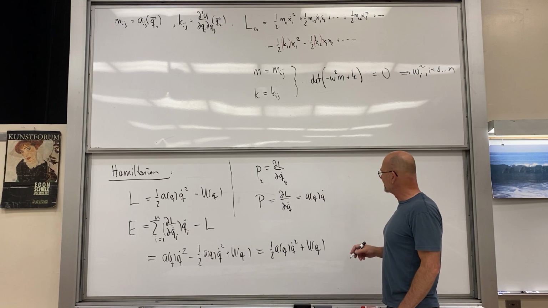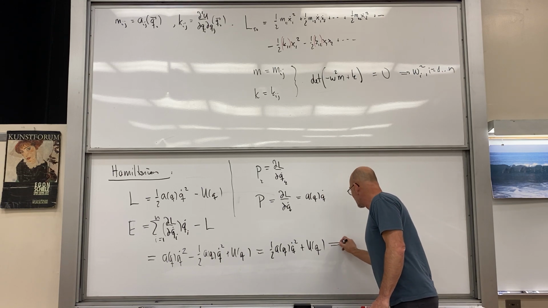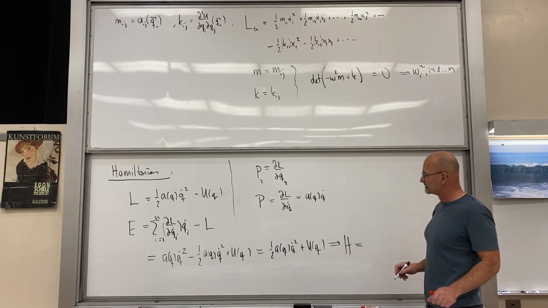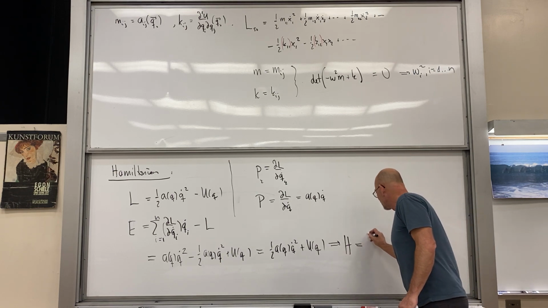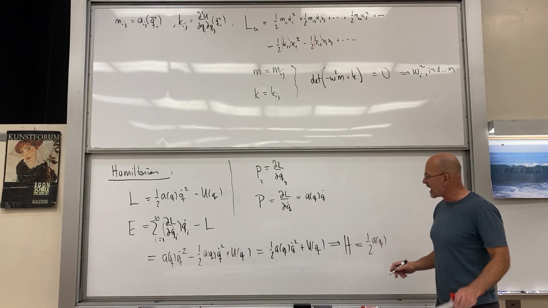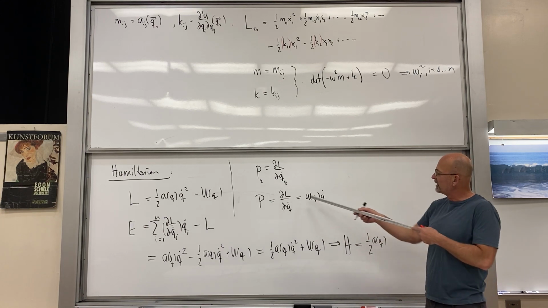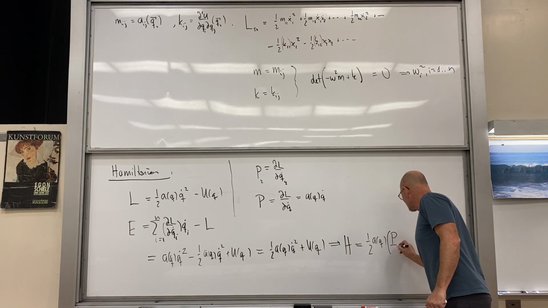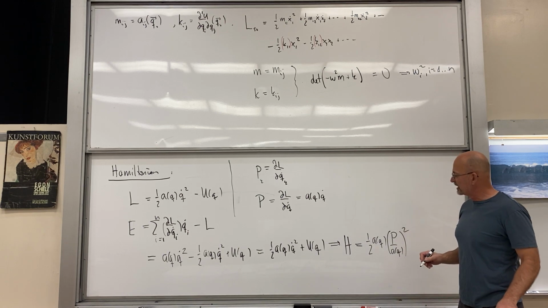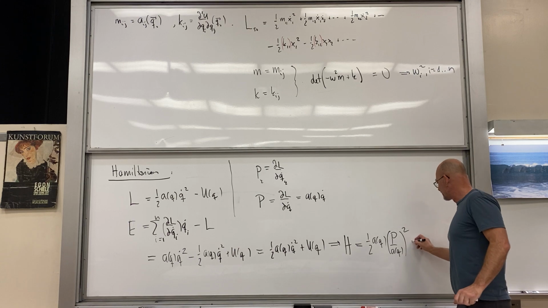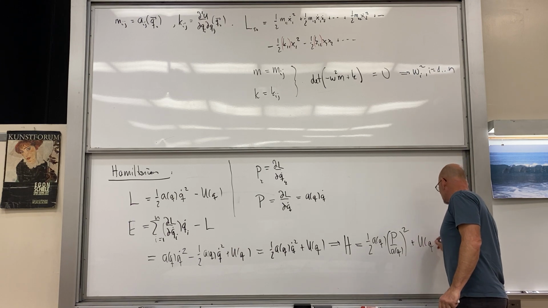And now we're going to make the substitution. H is equal to 1/2 A of Q. Our Q dot is P over A of Q, so we have P over A of Q, we're squaring it, and then we've got plus U of Q.